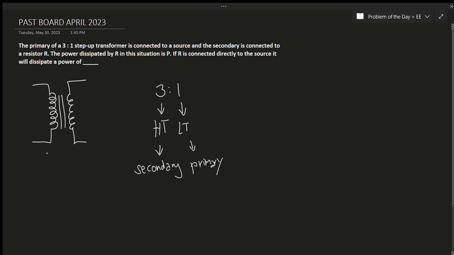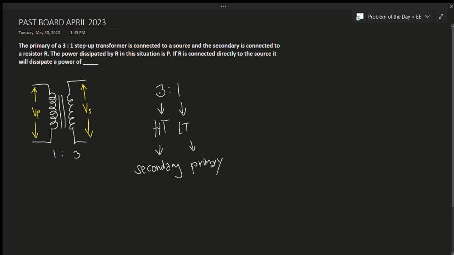So turns ratio becomes 1 is to 3. Let us denote some parameters. In the primary side, let us denote the primary voltage as Vp and the secondary as Vs.